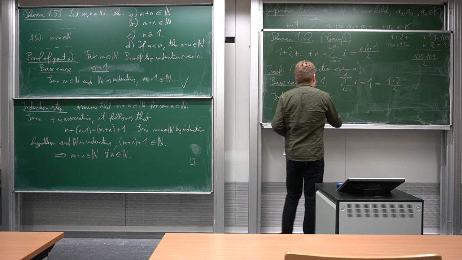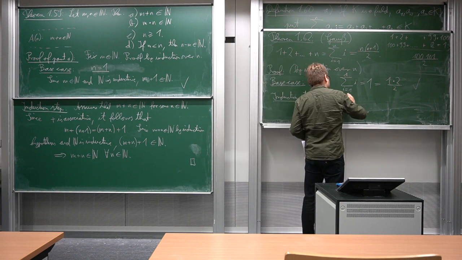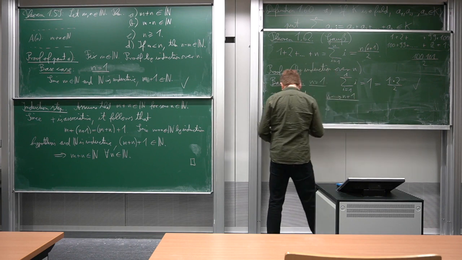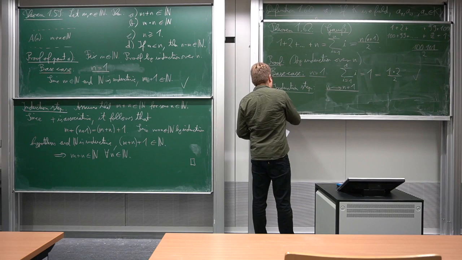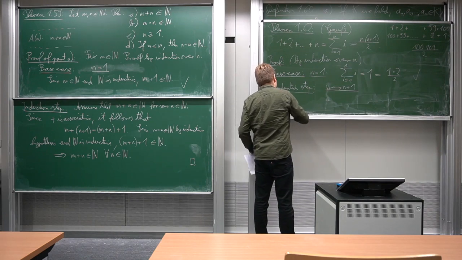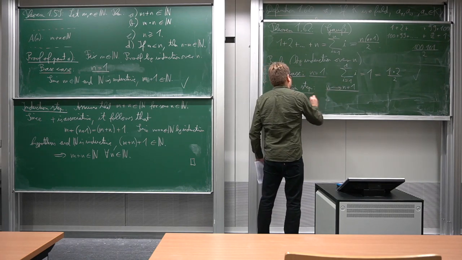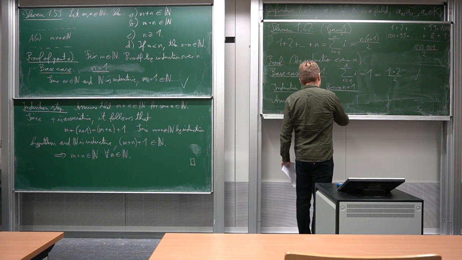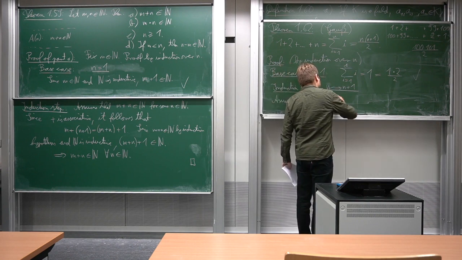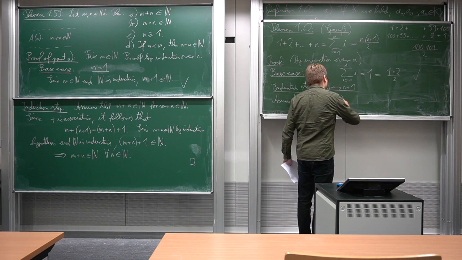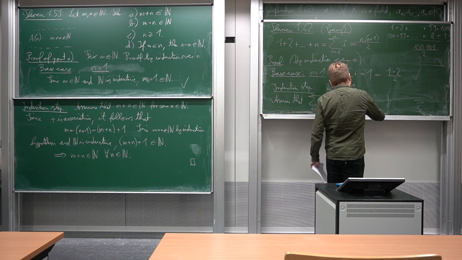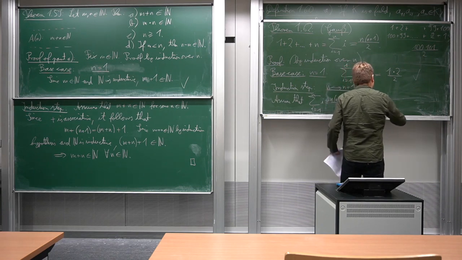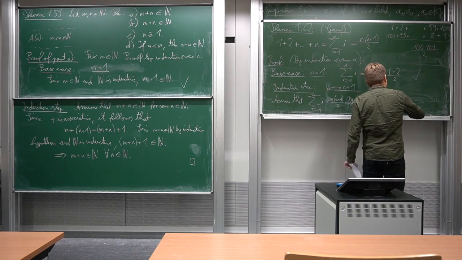Just schematically we can write it like this. We want to assume that something holds for n and want to prove it for n plus 1. So we assume that this equation, the sum from i equal to 1 to n of i, is equal to n times n plus 1 over 2, holds for some n. And then we want to show the thing for n plus 1.